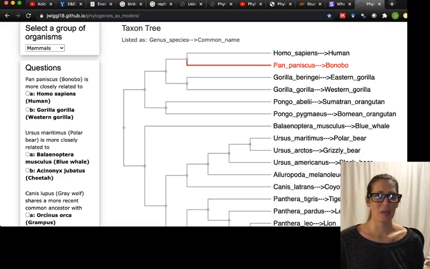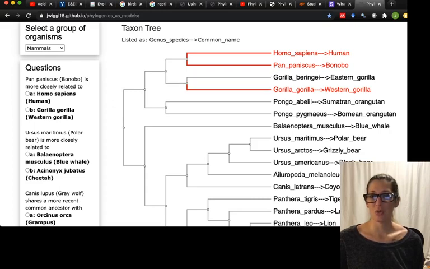It's asking us, is Pan paniscus more closely related to Homo sapiens? Let's find that. That's here. Or gorilla. Where is gorilla? Right here, the western gorilla. So if we look right here, Pan paniscus and Homo sapiens share a most recent common ancestor.